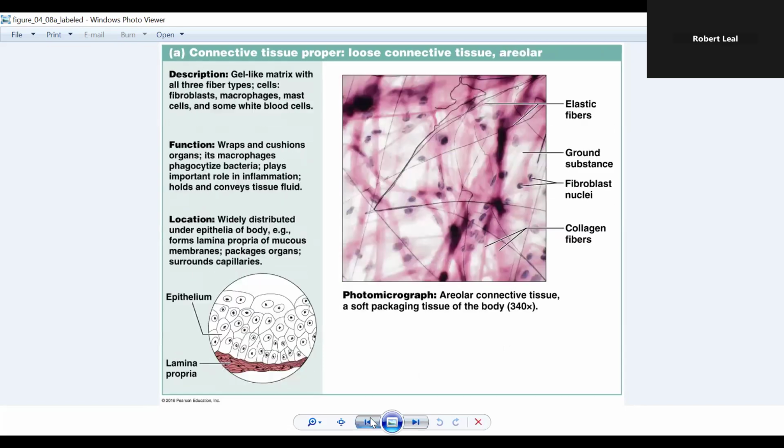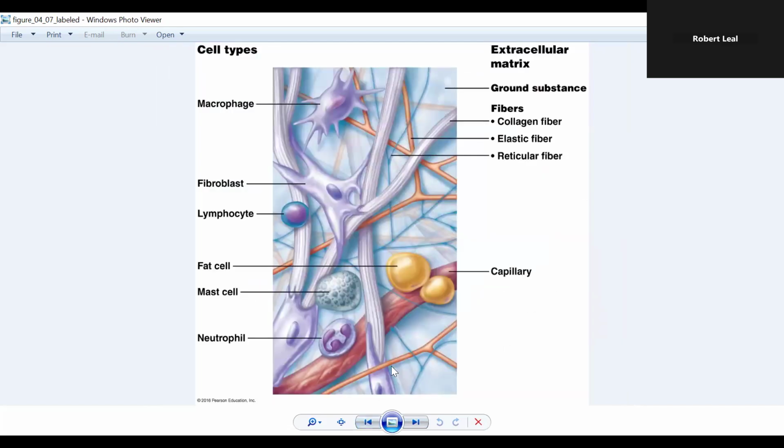And try to recollect the 3 fiber types you may see in connective tissue. Maybe the strongest type, collagen, maybe elastic, also reticular, or maybe a combination of the 3, depending on which connective tissue you're looking at. So think of your top layer of the skin connected to deeper structures. You'd have pretty much all 3 fiber types securing your top layer of skin to deeper muscle.